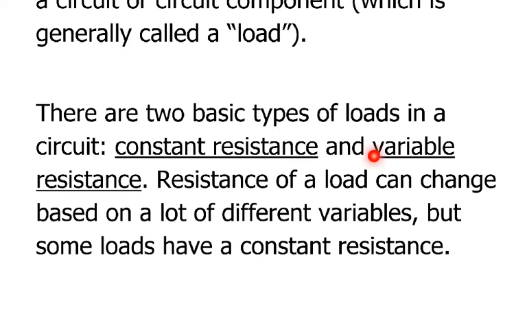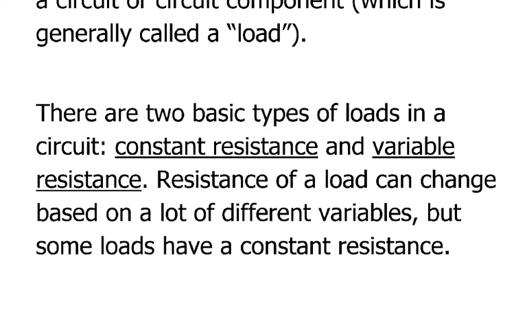Now, variable resistance is the other kind of thing. The resistance of a load can change based on quite a few different things, depending on the material and what's going on in the circuit. We'll talk more about certain specific, unique, interesting circuit components that have a variable resistance that changes based on factors like light levels or temperature.